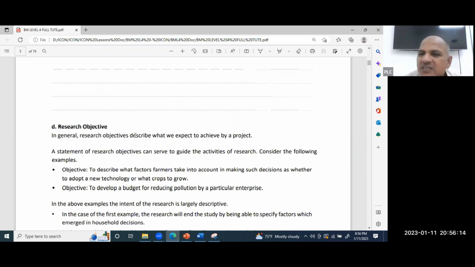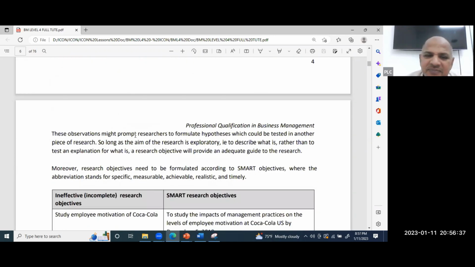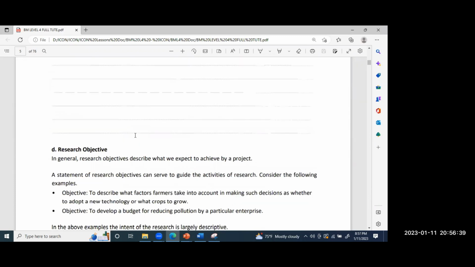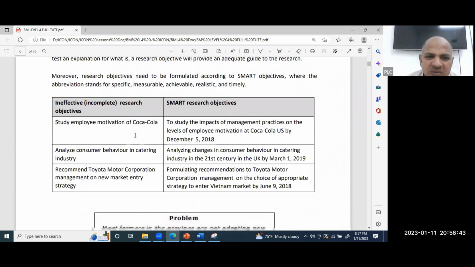Employees are to be trained and they have to bring satisfactory services to the customers who are coming as tourists. That will increase the income of the country and improve the economic conditions of the country. Okay, do you understand? Yes, sir. This is the research objective. Clear now?